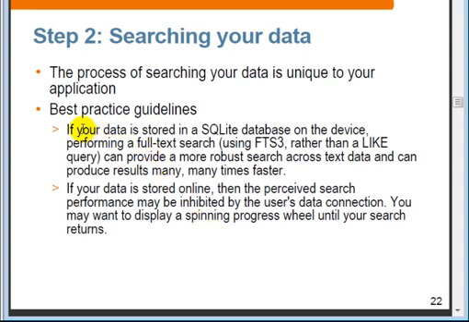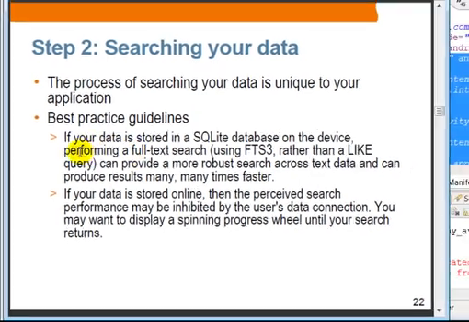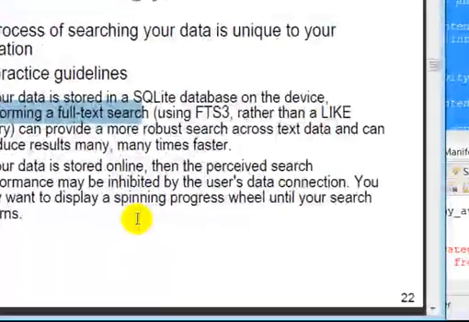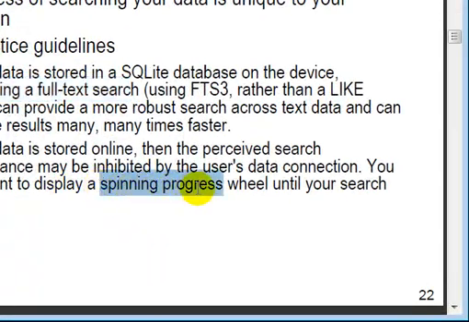If your data is stored in a database on the device, performing a full text search provides much better performance than a like query. And if your data is stored online, because it might take some time to perform the search, you might want to display a spinning progress indicator so that the user is informed on what's going on.